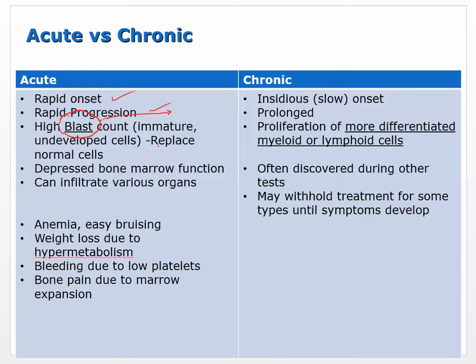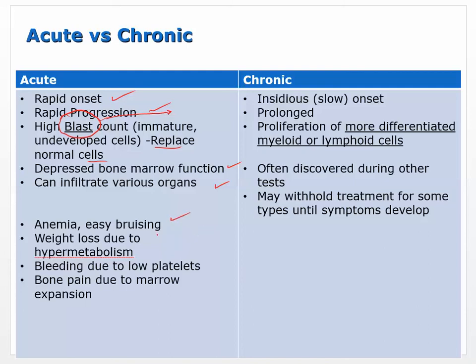Immature, undeveloped cells. And these a lot of times can replace normal cells. They're not trying to, they just do. So depressed bone marrow function overall can infiltrate various organs, which we see with Burkitt lymphoma.